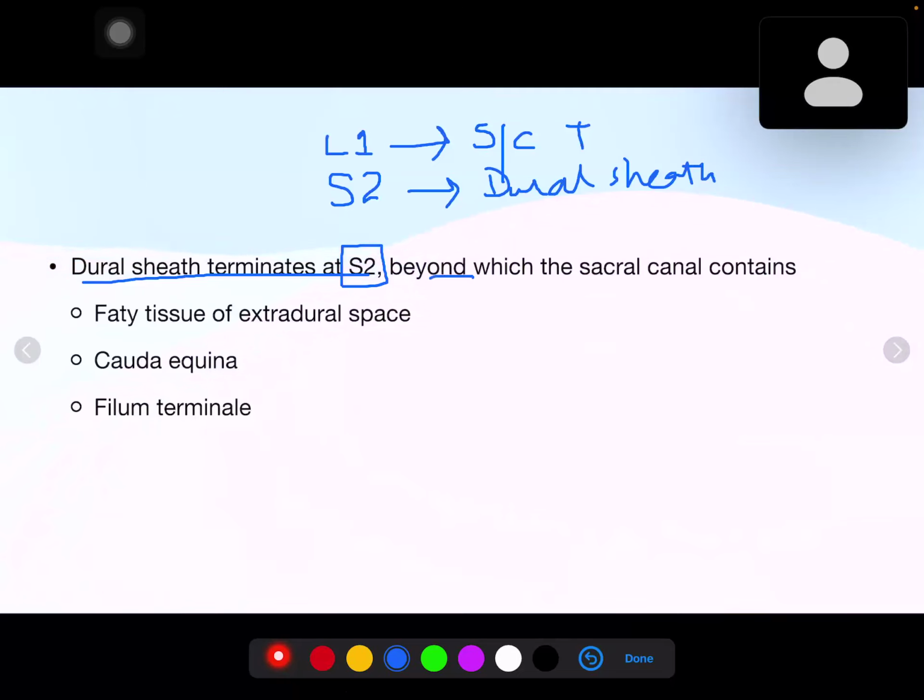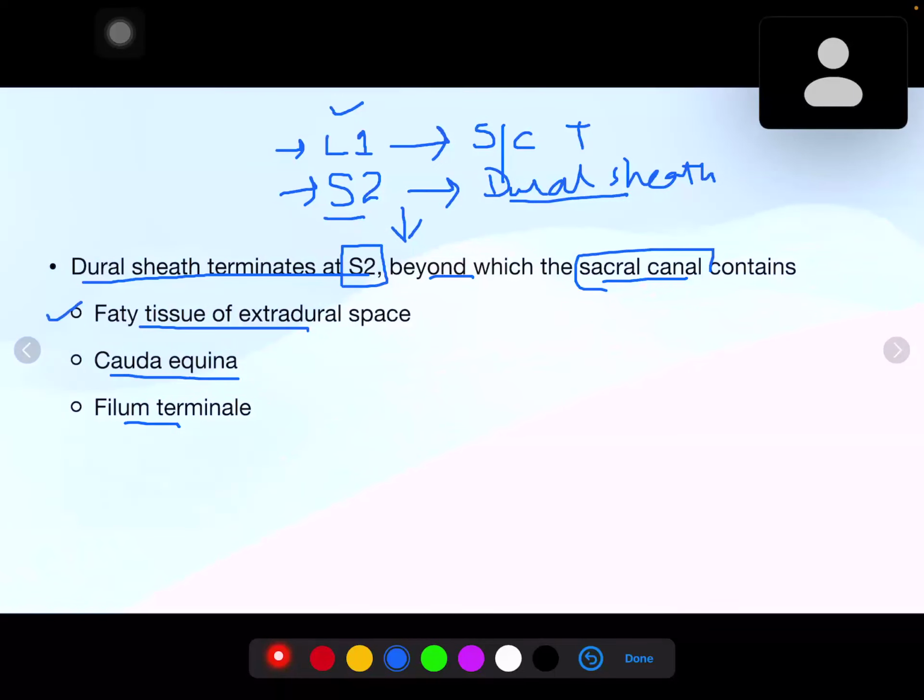Below S2, the sacral canal contains only the fatty tissue of the extradural space, the cauda equina, and the filum terminale.